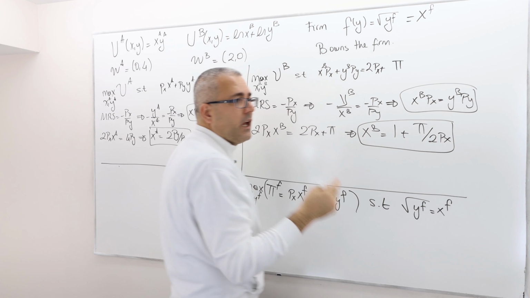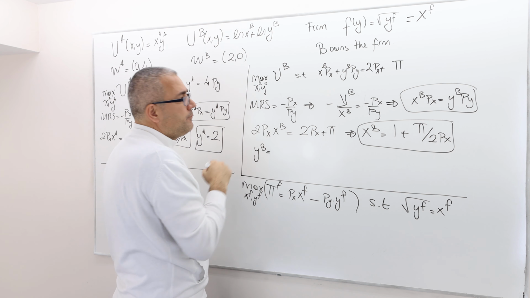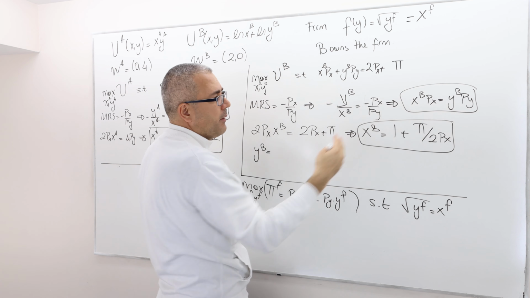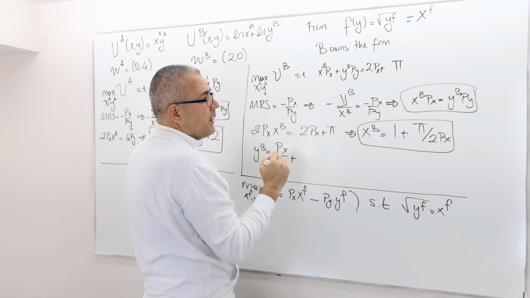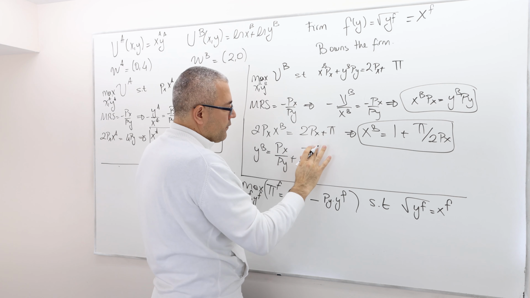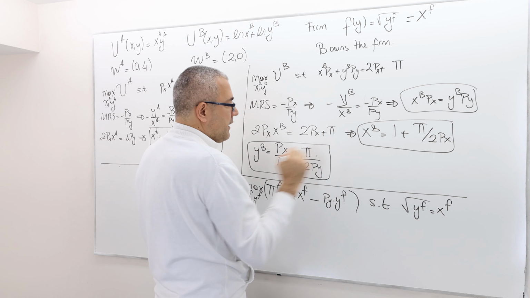So he would like to consume more good X. What about YB, however? YB is going to be this term times PX divided by PY. So it is PX over PY plus pi over 2PY. Okay, that's it.